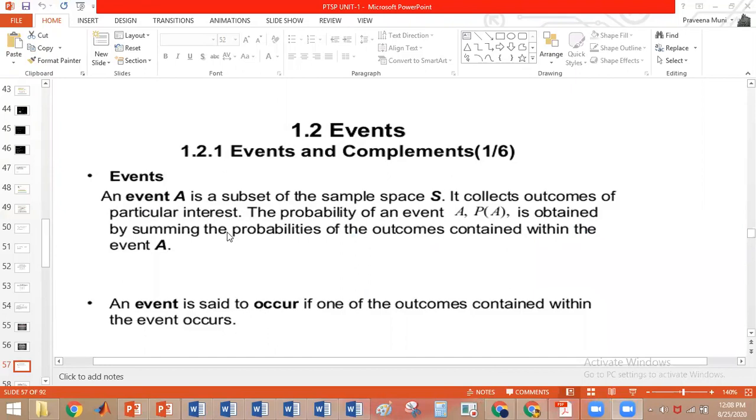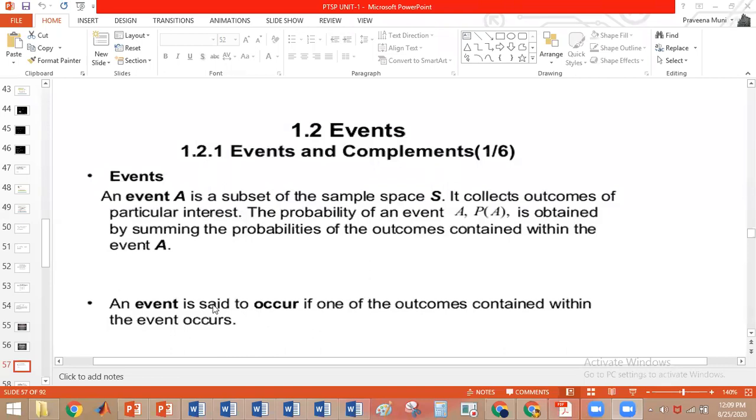So the probability of an event will be the sum of the probabilities of outcomes contained within the event. An event is said to occur if one of the outcomes contained within the event occurs.